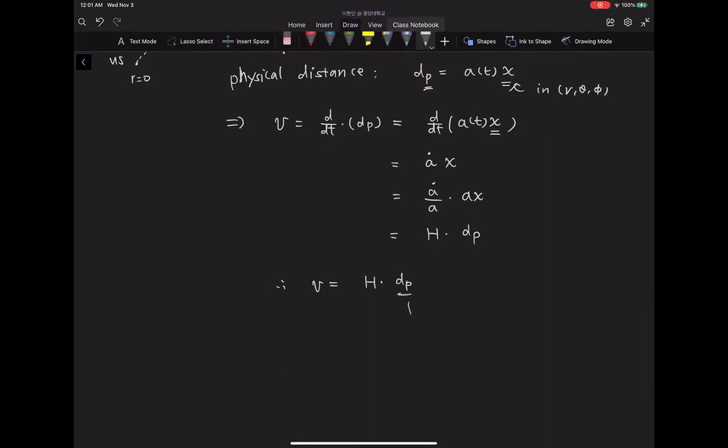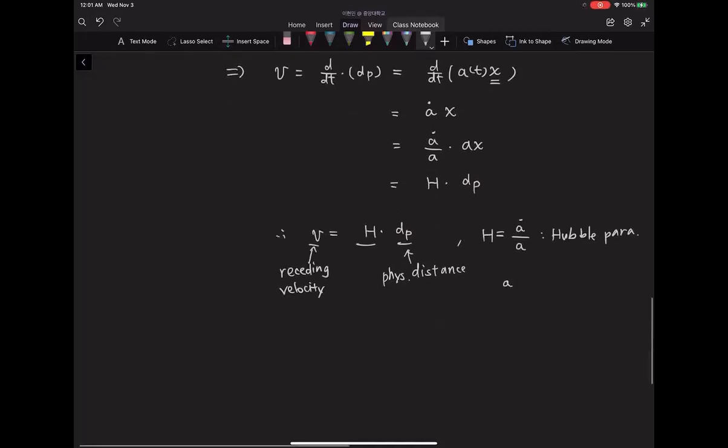So this is the luminosity distance, or physical distance. And v is the receding velocity. And H is the time derivative of the scale factor divided by a, which is the Hubble parameter.